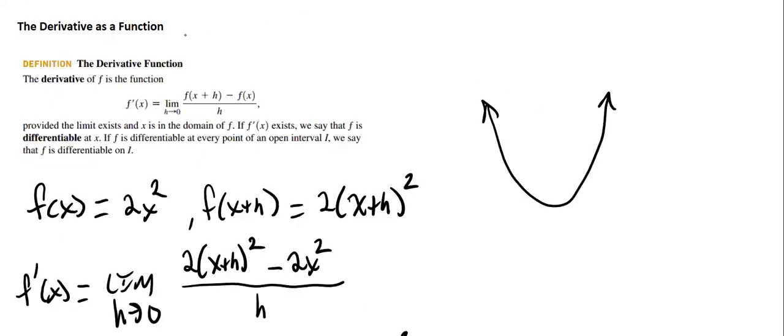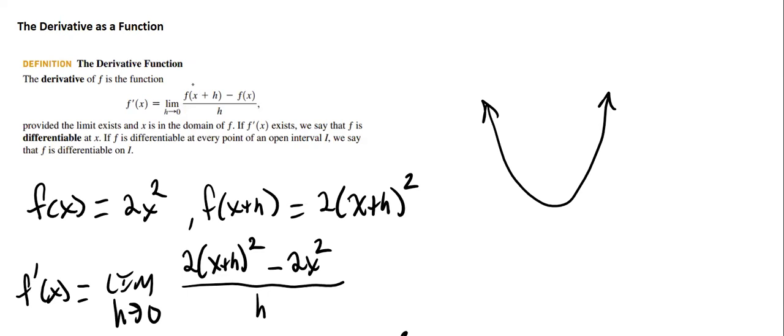The last thing I'll mention in this section has to do with continuity. We've talked about continuity already in the last unit, and I just want to say one thing for continuity here. If a function is differentiable, remember we said that differentiable means that we can take that limit. We can find this limit right here.